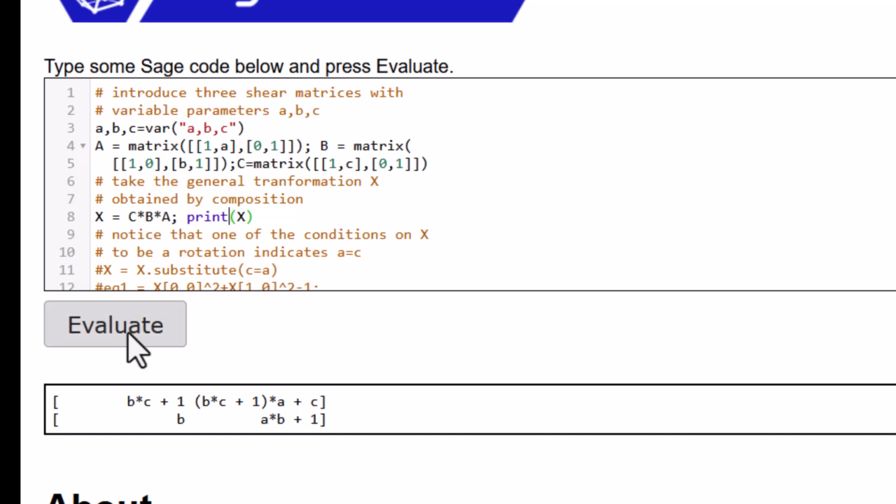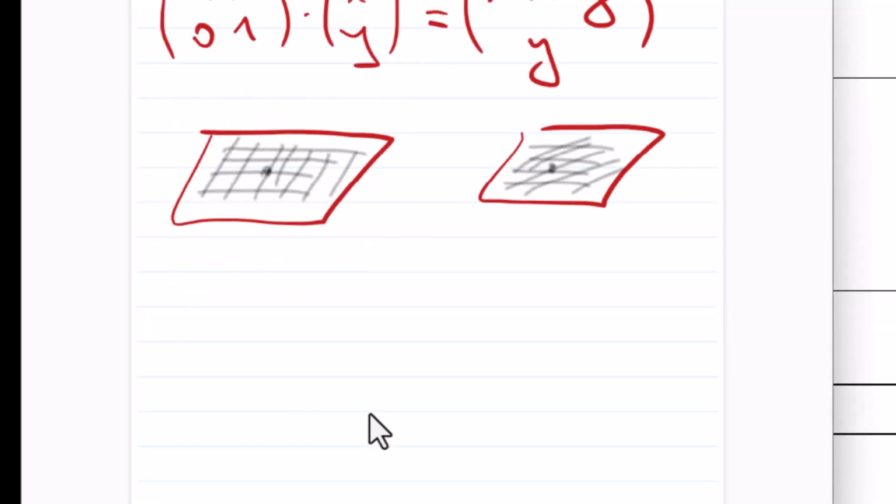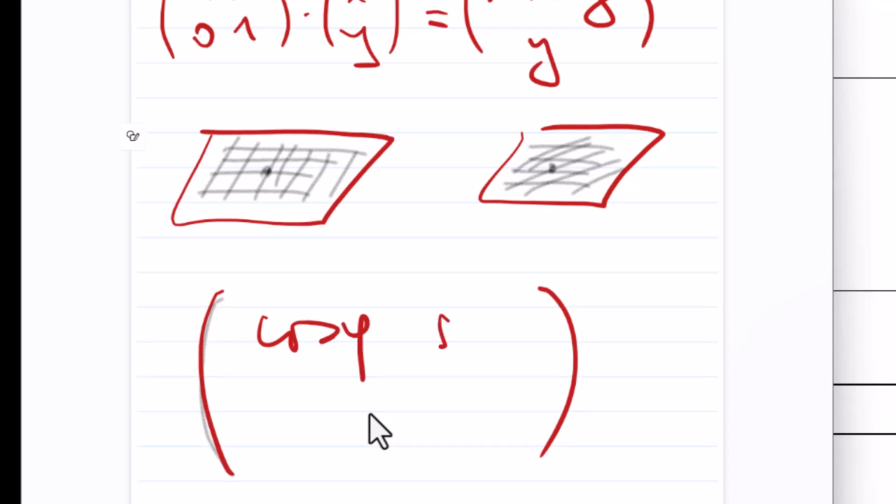So what you get, I hope it works, yes, you get the matrix of the composition of the three shears. And you see that if we want to get it as a rotation, rotations are of this kind: you have cosine phi, here you have sine phi and minus sine phi, and cosine phi, right, this way.